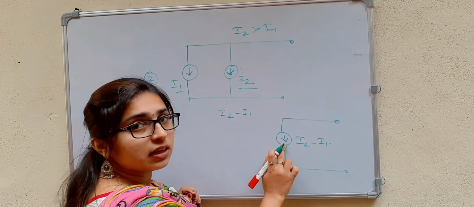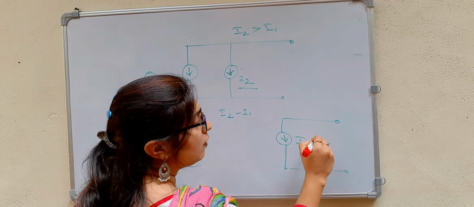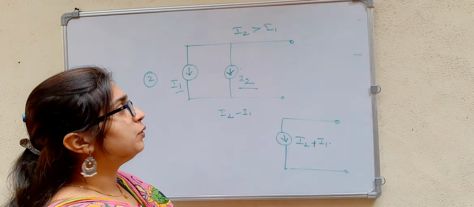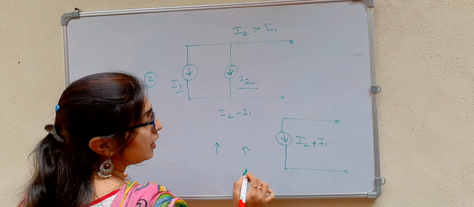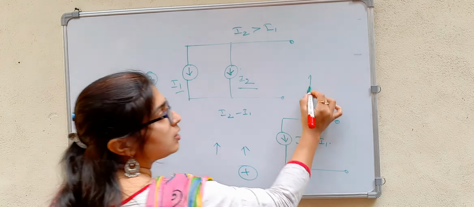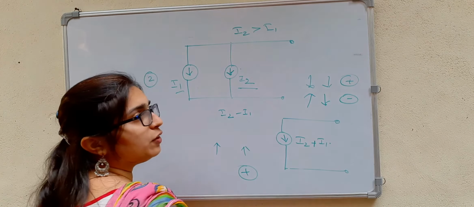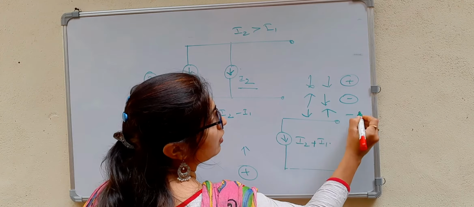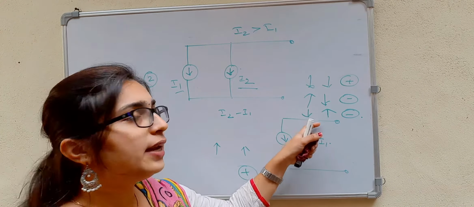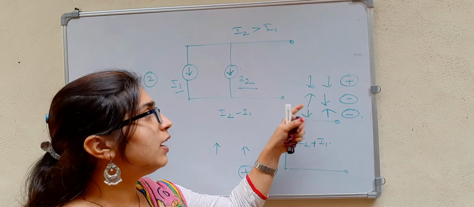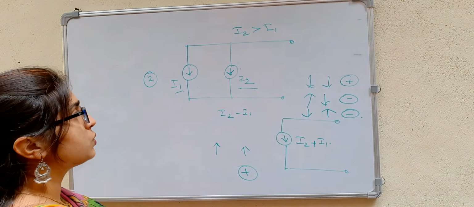In this case the direction is downwards, equal to the direction of the current sources, and the value will be I1 plus I2. It will be the sum because both are in the same direction. But if they are in opposite directions, then it will be the difference, and you should see which direction has the greater value; that direction will be the direction of your equivalent current source.